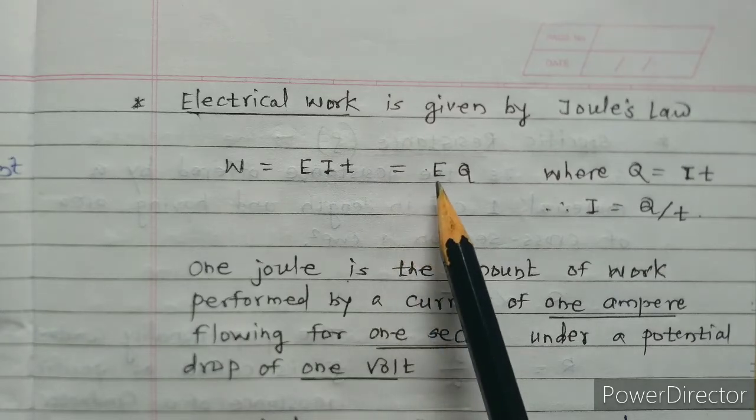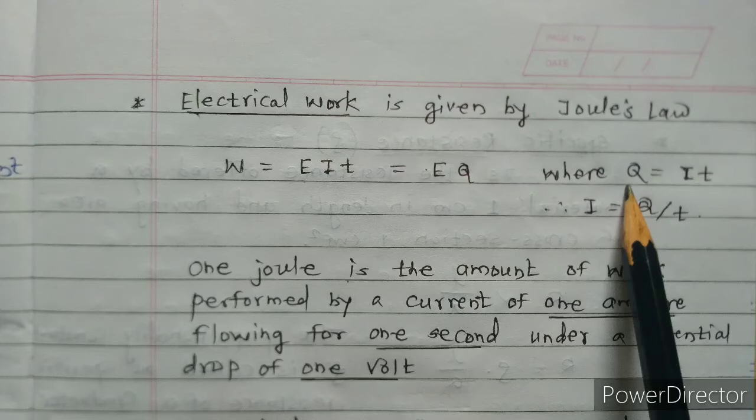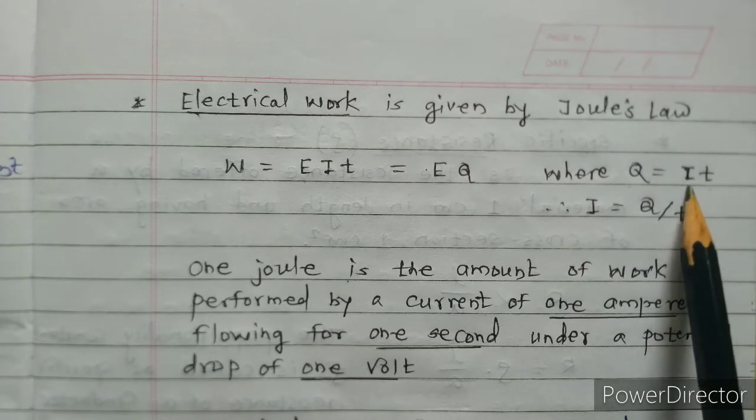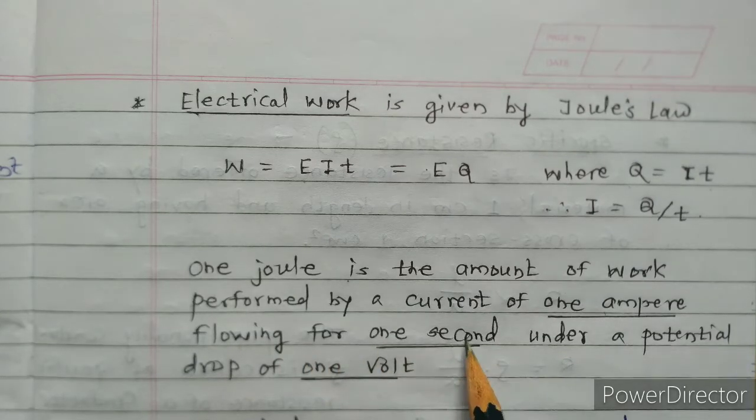That is equal to E into Q, where Q is nothing but I into T, current into time. According to Joule's law, 1 joule is the amount of work performed by a current of 1 ampere flowing for 1 second under a potential drop of 1 volt.